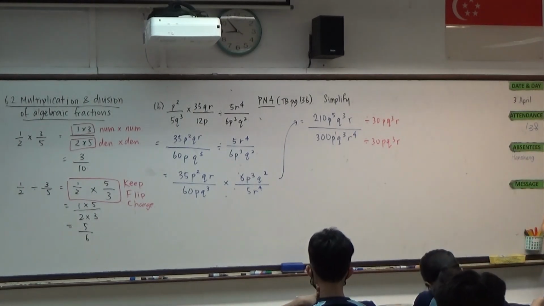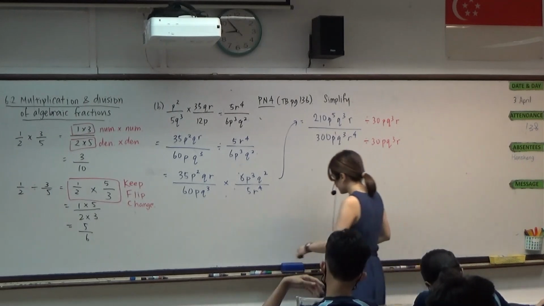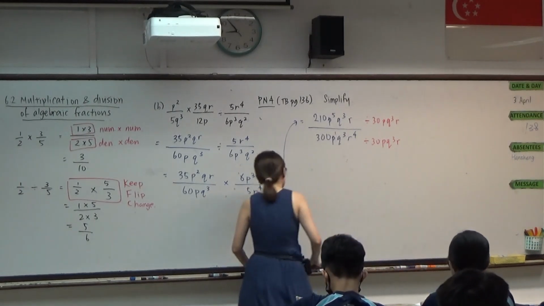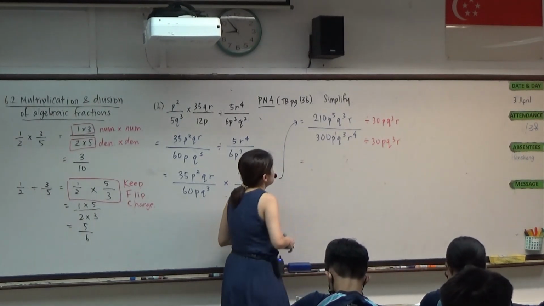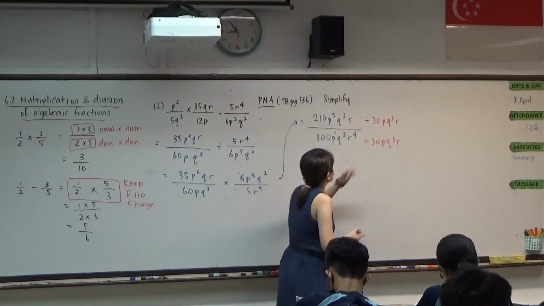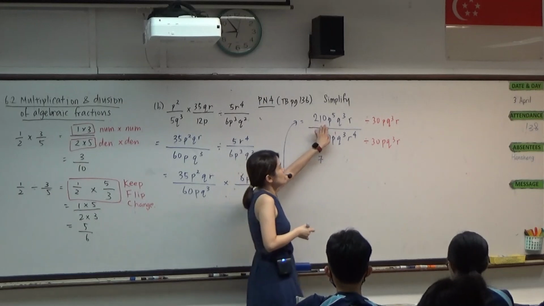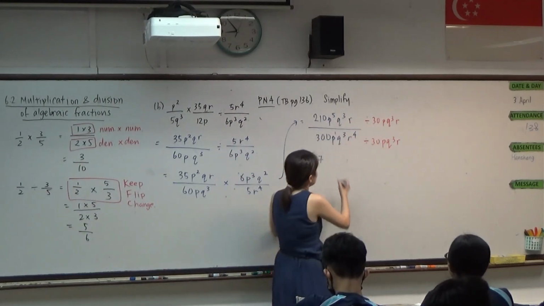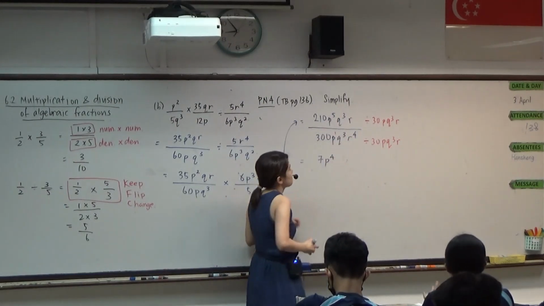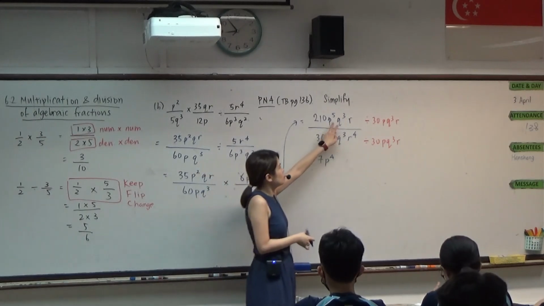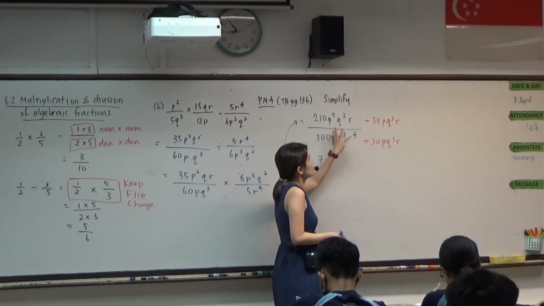Alright? So now, here we have established what we need to remove or what we need to divide away. 210 divided by 30, I will be left with 7. Okay? P to the power 5, I remove 1 P only, I will be left with 4 P's. Q cubed has been totally removed, so no more.